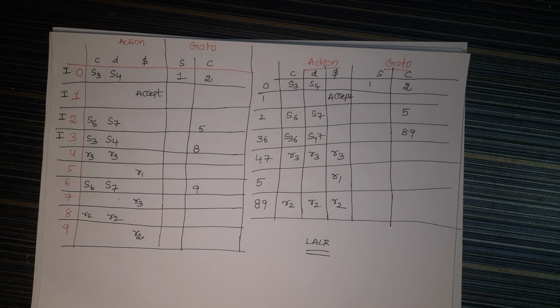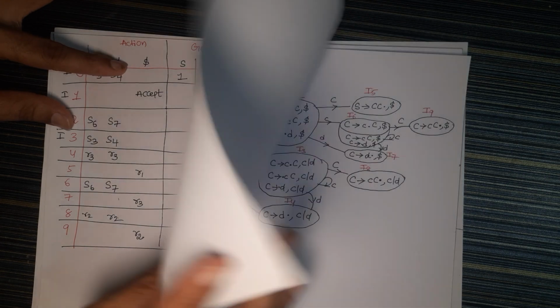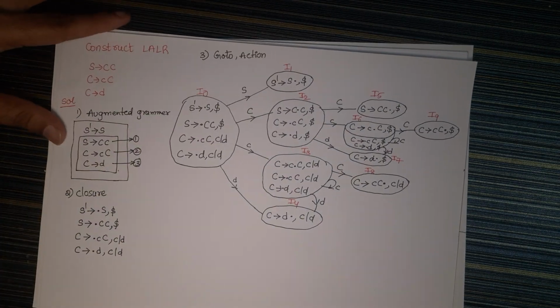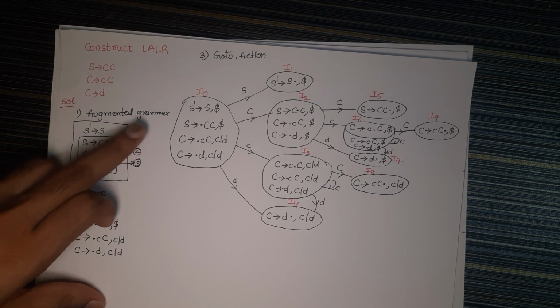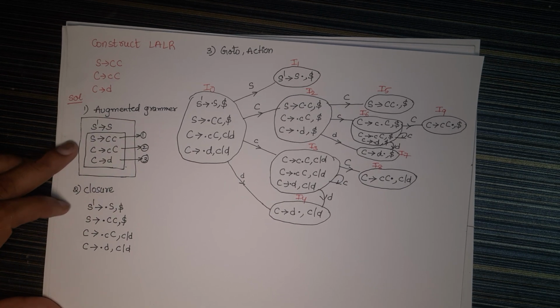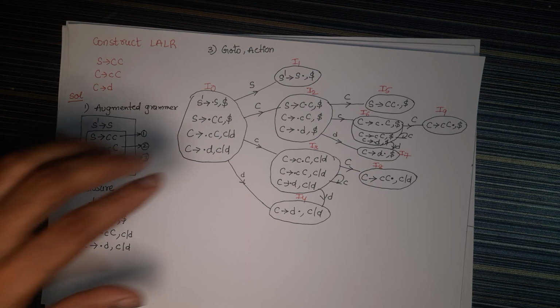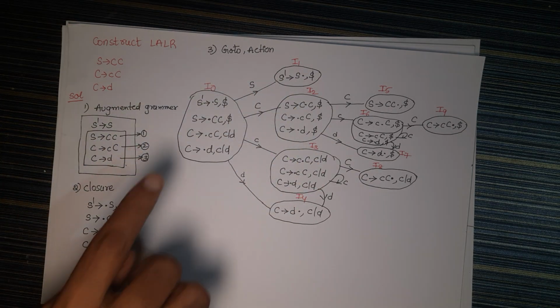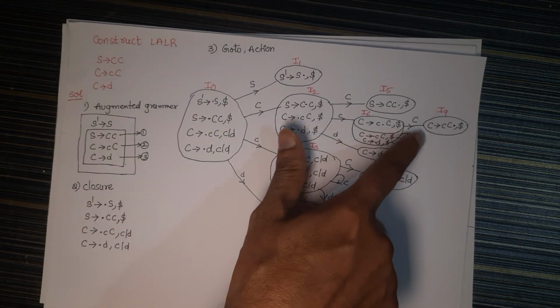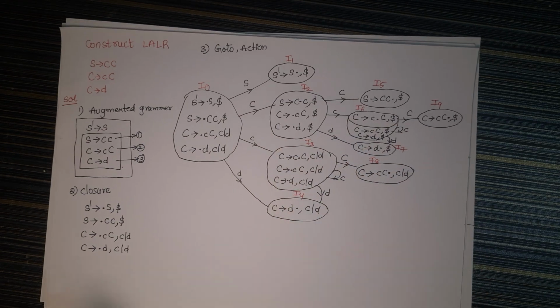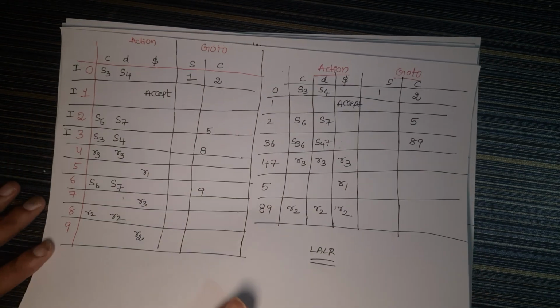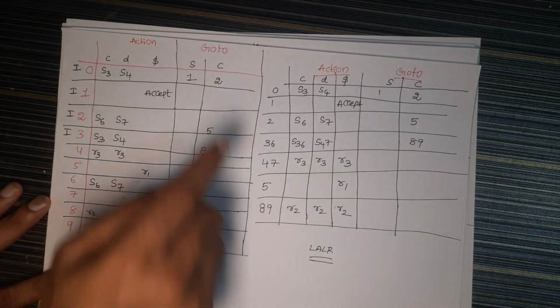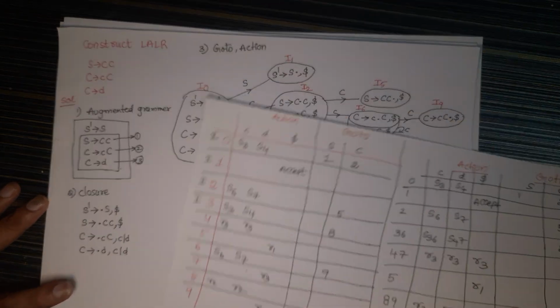Okay, so the final revision is here. First we took the augmented grammar, then we found the closure. After completion of the closure, we wrote I0, I1, I2 and so on up to I9. After this we completed the action and goto moves. How to find these action and goto moves?